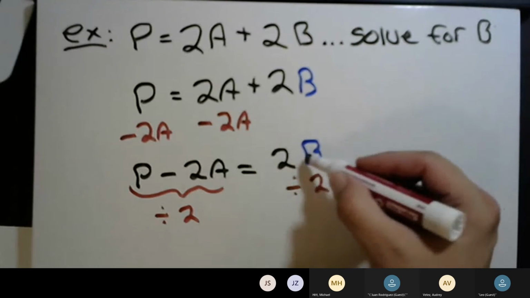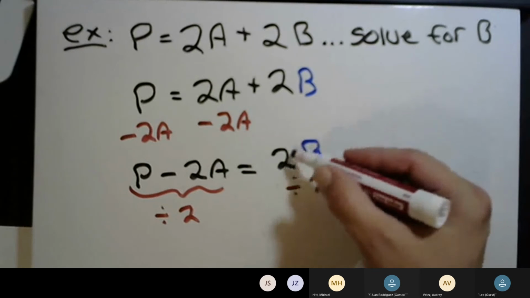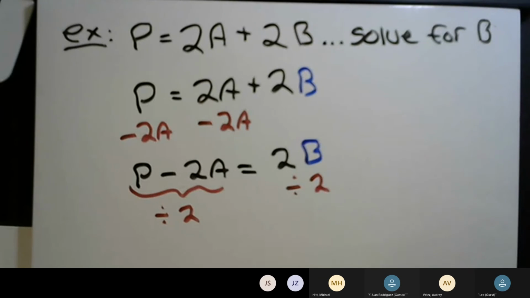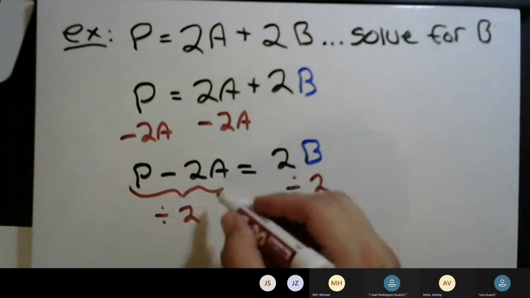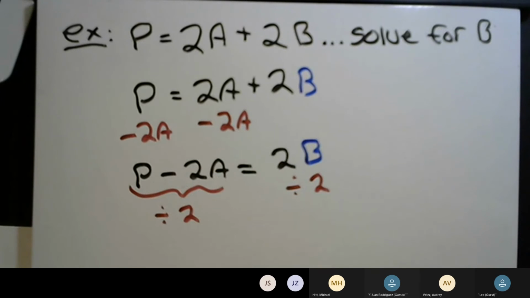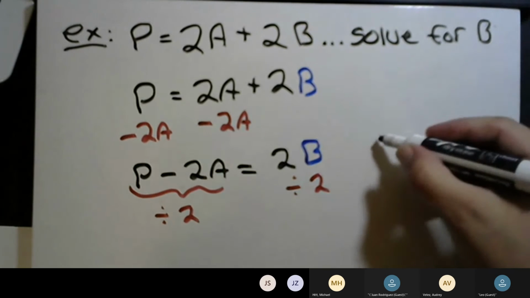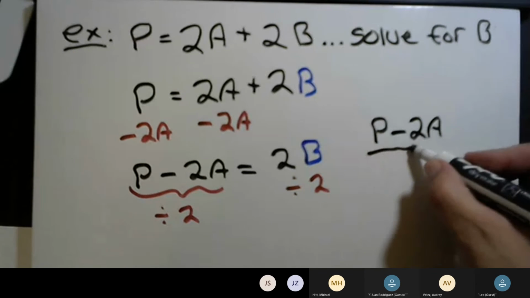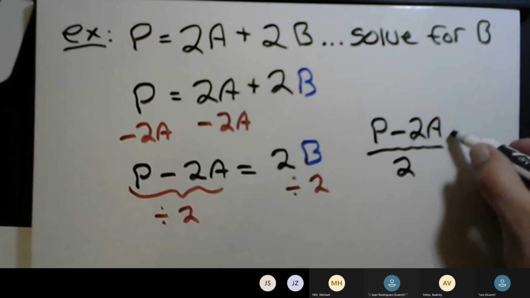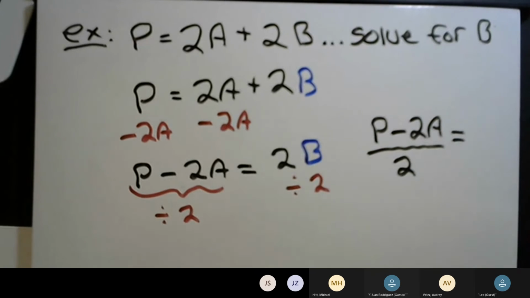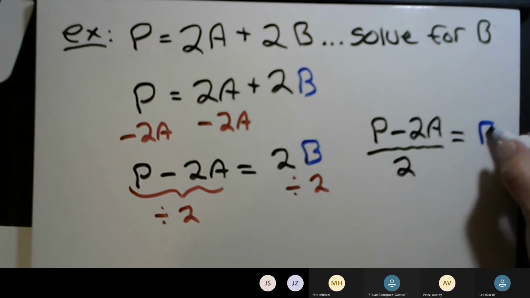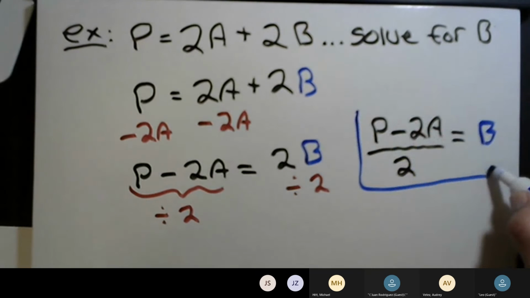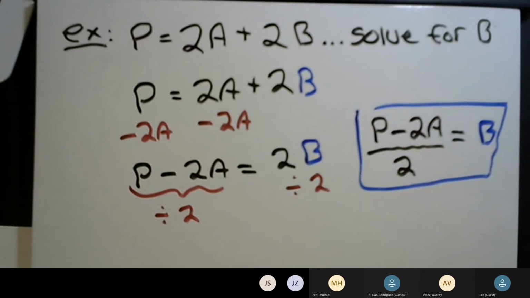Now it just turns out this side's very small, so it only has one term, but when we do these operations, we're actually applying them to the whole side. So this will become p minus 2a, the whole side divided by 2, and that's equal to b. Questions about that?